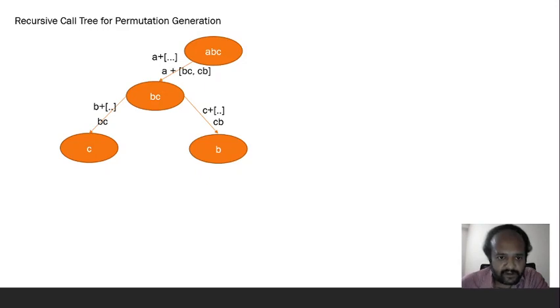So this one recursive call tree will be repeated for every letter in the main word. So now this recursive call tree, we did it for A. Now two more trees will be spun because there are two more letters in this original word. So with B, the rest of the word is AC now, right? So the rest of the letters that make up the word is AC.